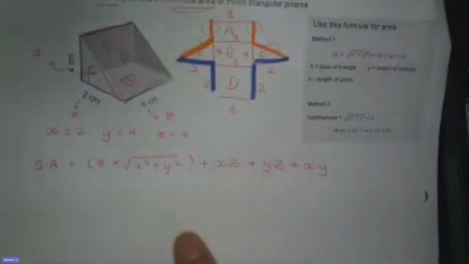Now, to find the surface area, you write the formula out. The formula is z multiplied by the square root of x squared plus y squared, close bracket, plus xz plus yz plus xy. Okay, that is the formula here, and then we're going to calculate it accordingly.